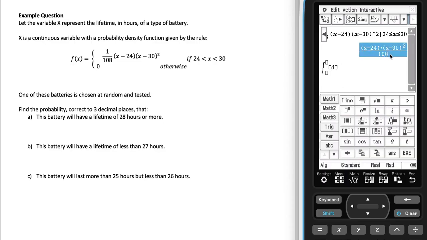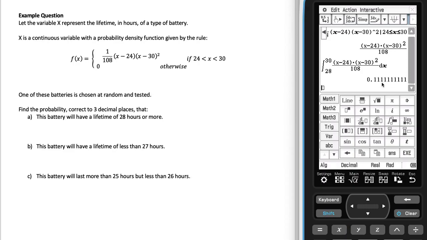So I'm going to integrate this function from 28 to 30 because that's from 28 to the top of the interval with respect to x. And if I put that on decimal mode because I wanted a decimal answer, I get 0.111.